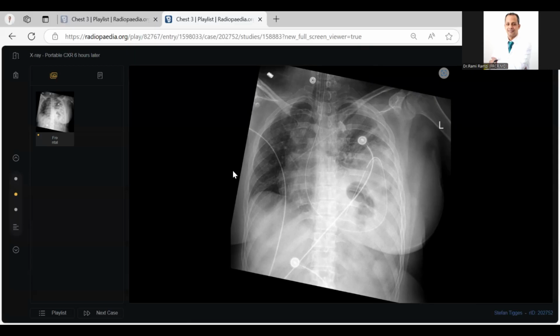On this X-ray, there is inhomogeneous opacification on the left hemithorax with some air fluid levels in the lower zone, and there is loss of definition of the left hemidiaphragm. So I'm concerned about diaphragmatic rupture, and I will immediately convey my findings to the referring clinician, as this needs further CT scan for confirmation of diaphragmatic rupture.